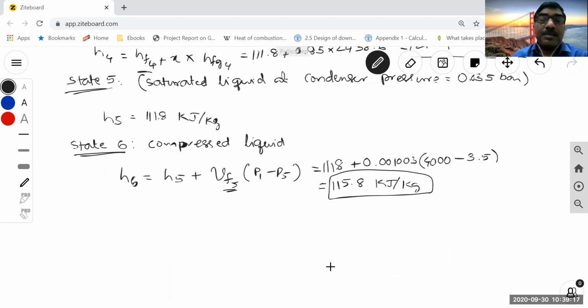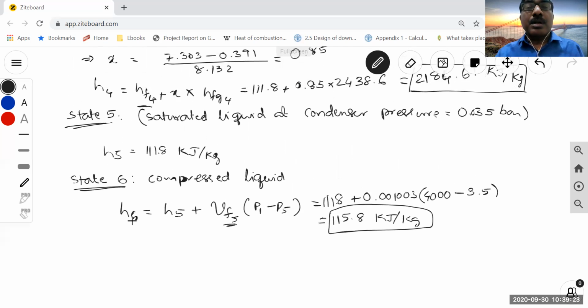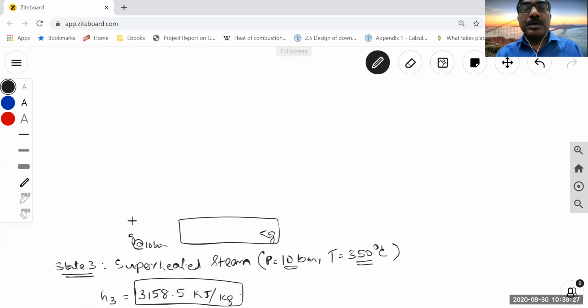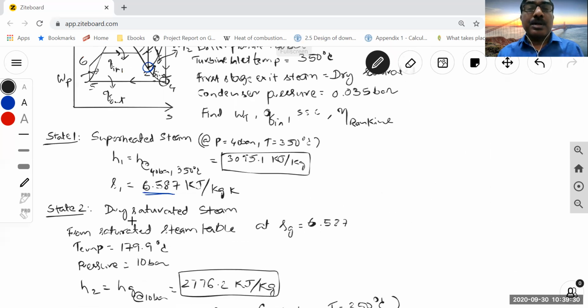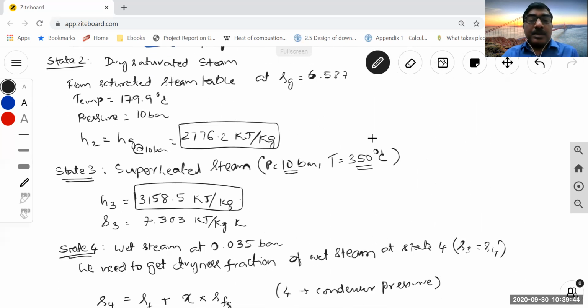Now you can easily find out whatever quantities we want. What are the different quantities asked? You have to find out the turbine work and Q in and specific steam consumption and Rankine efficiency. So what is the turbine work?